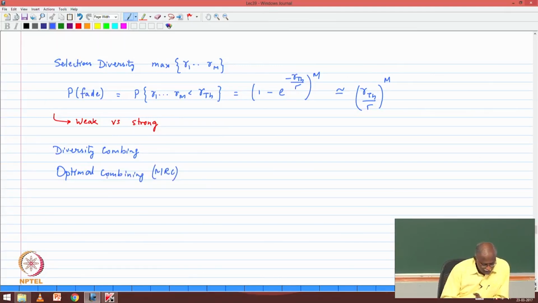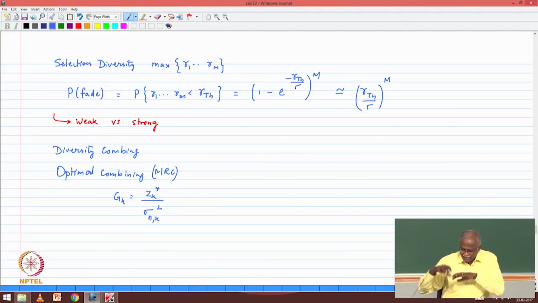Maximal ratio combining required us to use the gain coefficients to be zk star divided by sigma n comma k whole squared. So basically it was co-phasing plus a weighting based on the noise variance of that particular channel. For both selection diversity and maximal ratio combining, we obtained the statistics, and then we were able to show the BER performance with diversity.